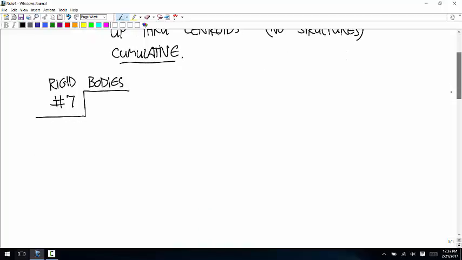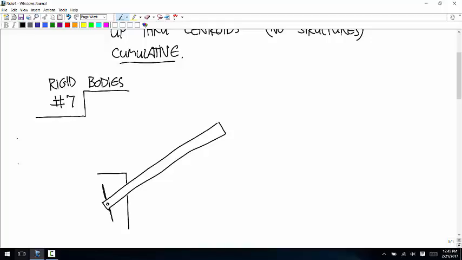Okay, so it looks like this. You have a beam at a 45-degree angle. And down at the bottom, there's a pin and slot joint. And up at the top, there's a pin joint.